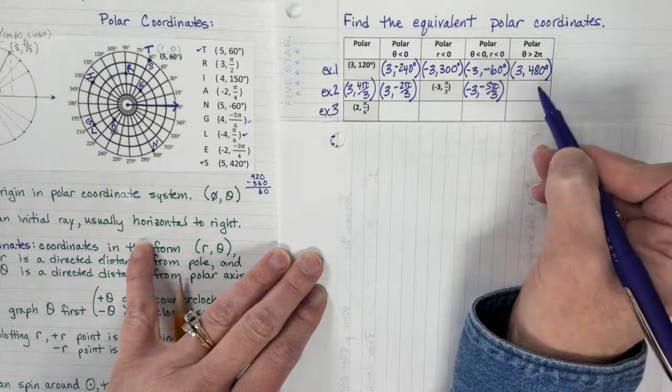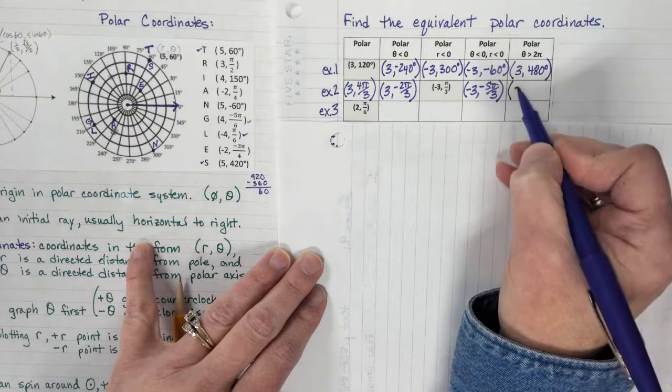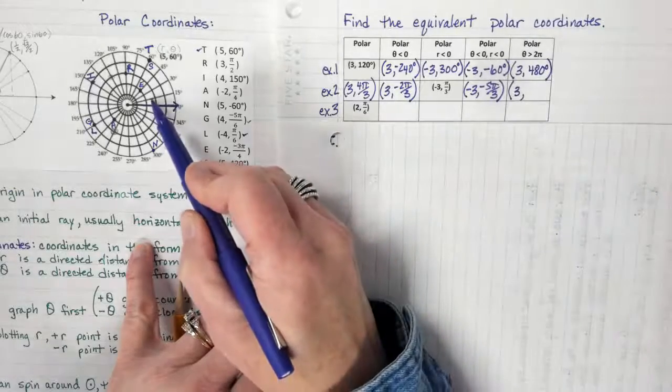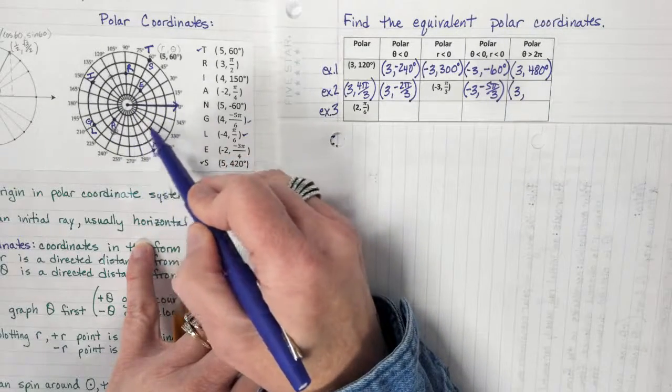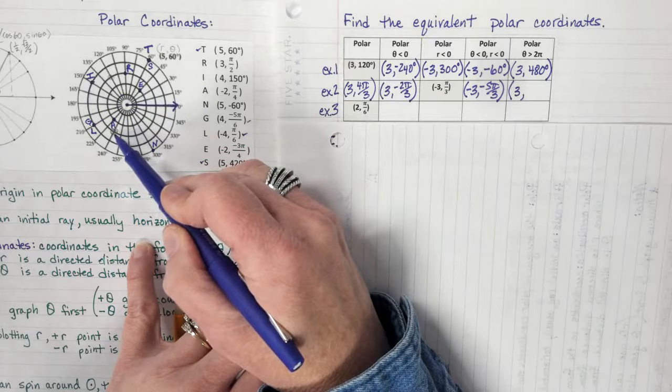Now if I want to spin around the circle, I'm going to have a radius of 3, but I'm going to go all the way around, and then I'm going to add another 240 degrees, or another 4 pi over 3.